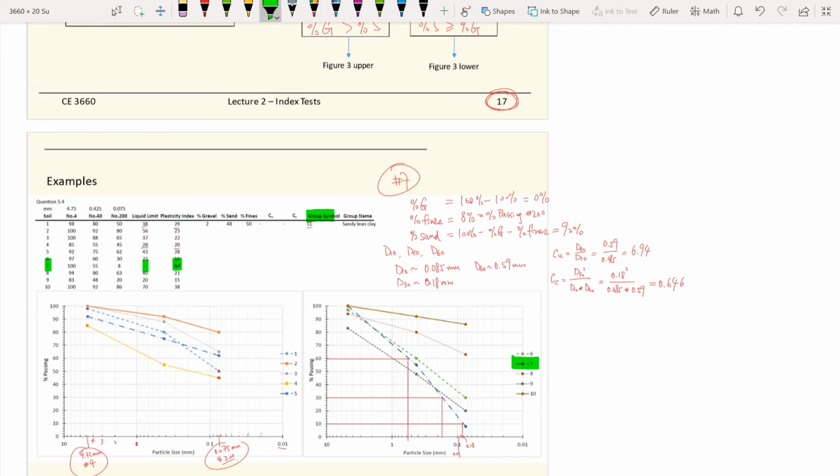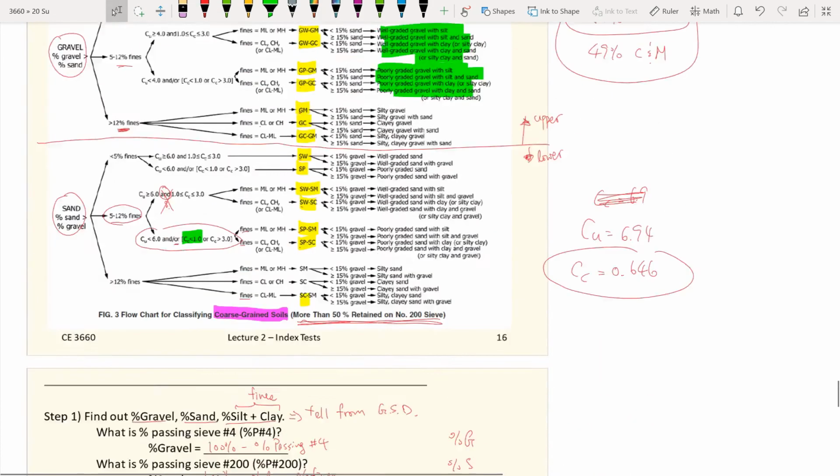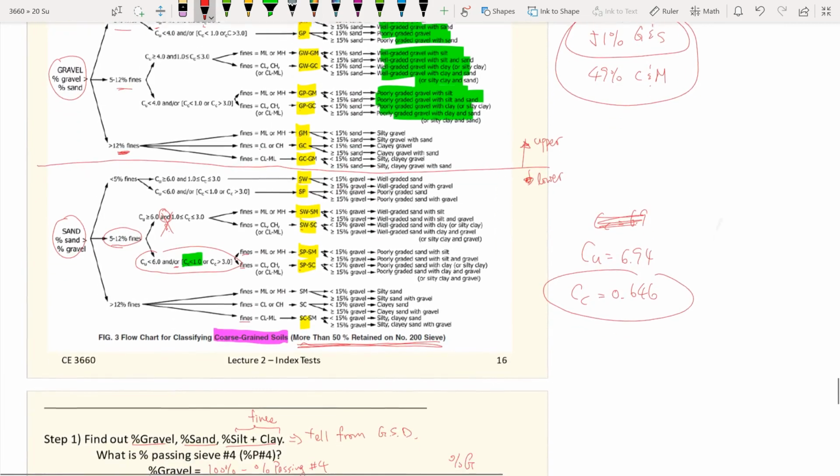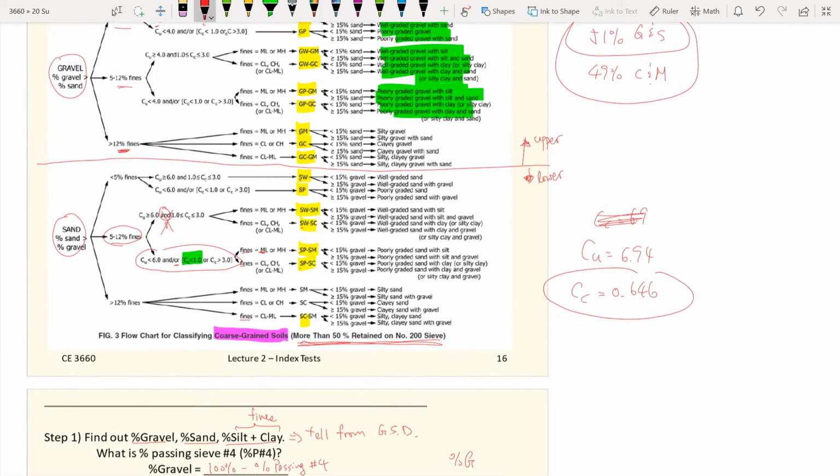So both the liquid limit and plastic limit are equal to 0, so the plasticity index is also equal to 0. In that case, you are at 0, 0, in the box of ML. So 0, 0 means ML material.